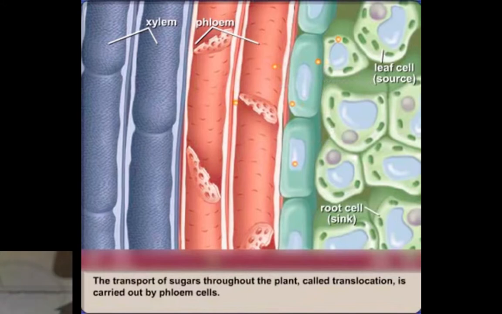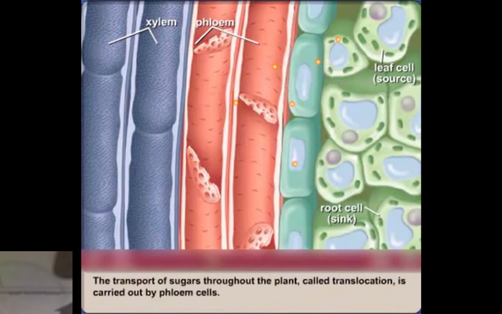These are perforated structures that create a direct connection between the cytoplasm of connected phloem cells. Phloem loading is the process whereby carbohydrates enter the sieve tubes at the source. As a result of phloem loading, a high concentration of sugar develops in phloem cells near the source.